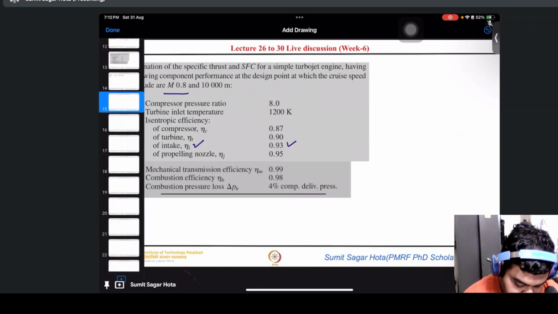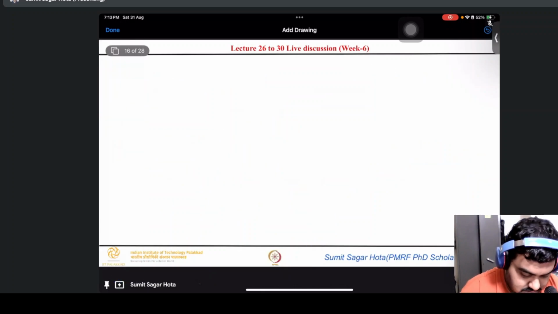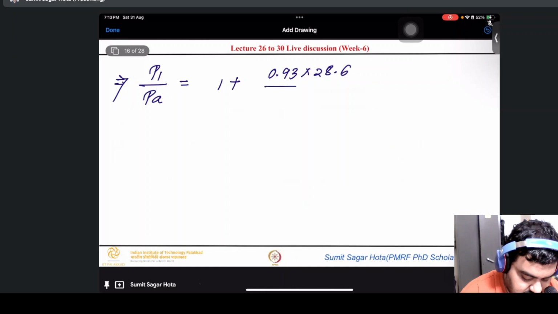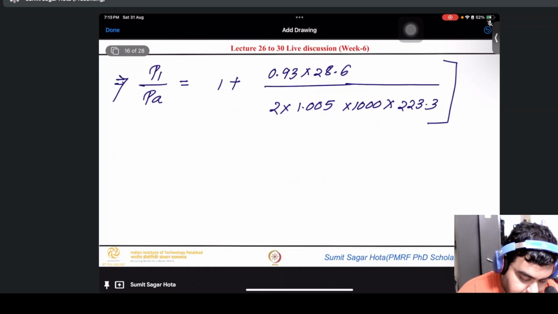Now we'll just substitute. P1 by PA is equal to 1 plus 0.93 into 28.6 divided by 2 into 1.005 into 1000 into 223.3, to the power gamma by gamma minus 1.